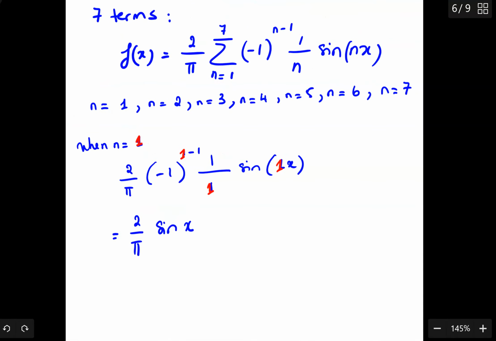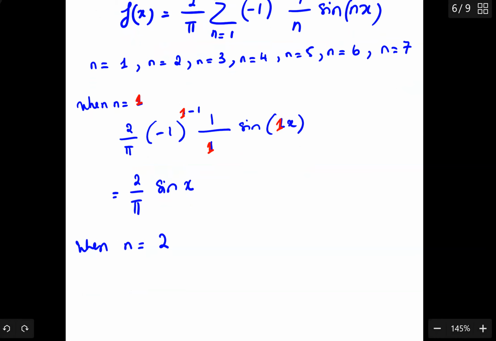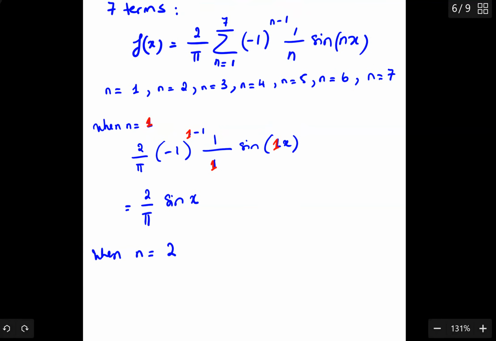Now, when n equal to 2, I should have 2 over pi, and I will take minus 1 raised to the exponent of 2 minus 1 and multiply by 1 over 2 and sine of 2x. Let's highlight this.